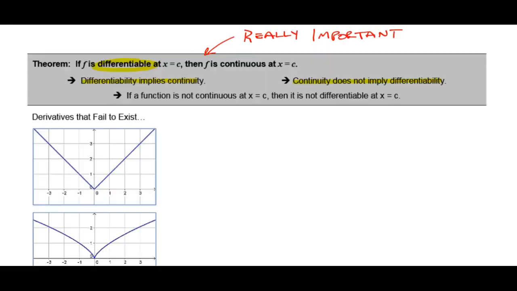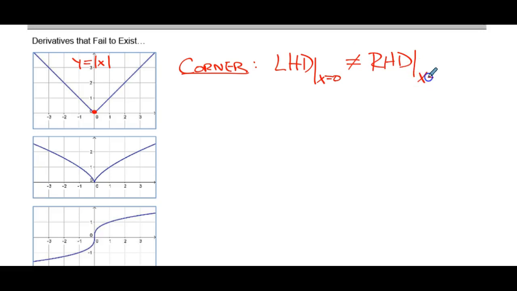Okay, let's go back to our examples on page 2, derivatives that fail to exist. So this guy right here is y equals the absolute value of x. At x equals 0, it's not differentiable. Why? Well, first of all, what's the feature of the graph at x equals 0? We call it a corner. And at that corner point, the left-hand derivative at x equals 0 does not equal the right-hand derivative at x equals 0.